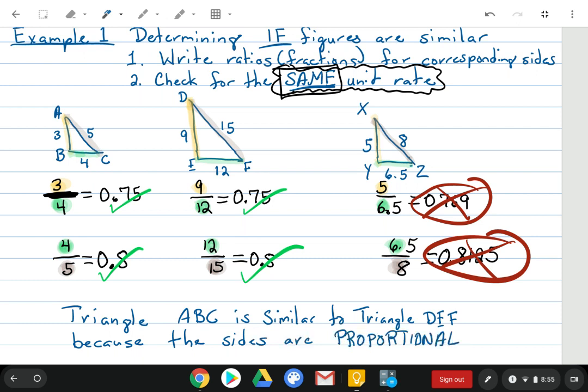Remember, being proportional just means you have the same unit rates, which we do.